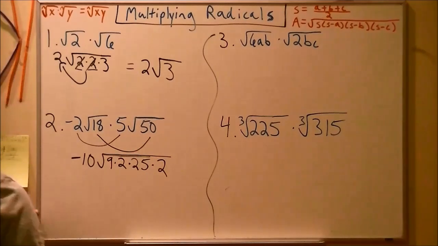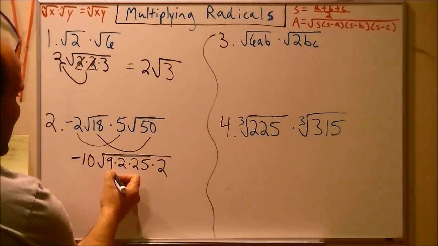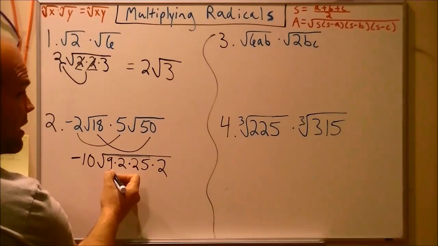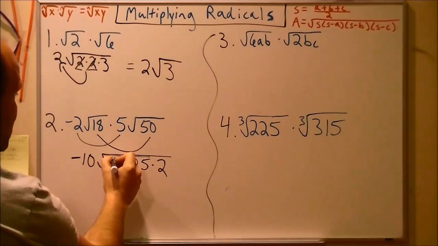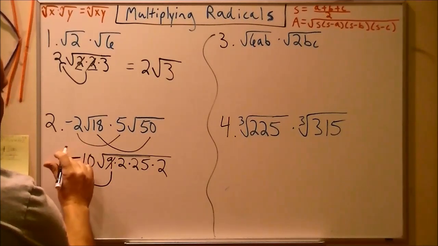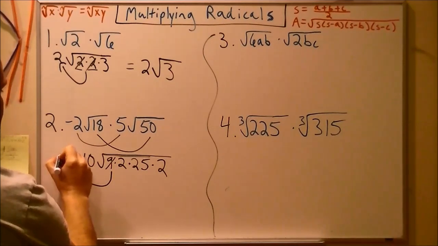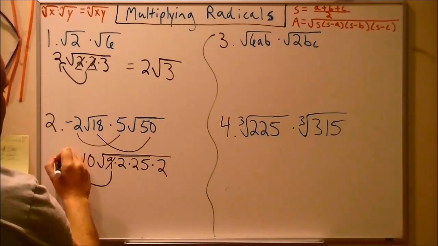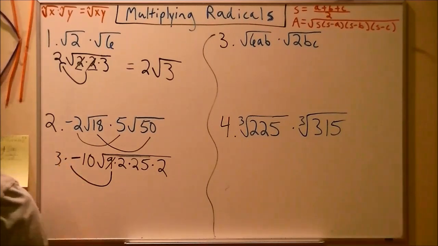Okay? Now, watch this. I know the square root of 9 is 3, right? And so I'm going to cross out the square root of 9, and I'm just going to move it as a 3 to the outside. Okay, and I need to keep the multiplication sign.